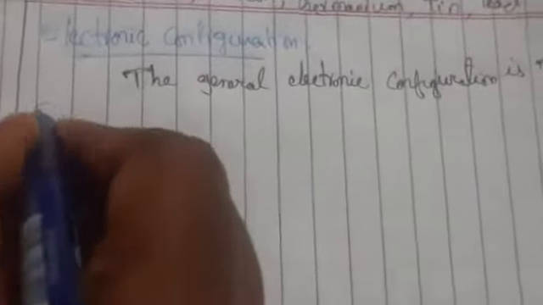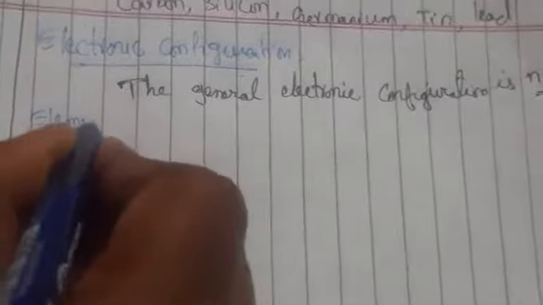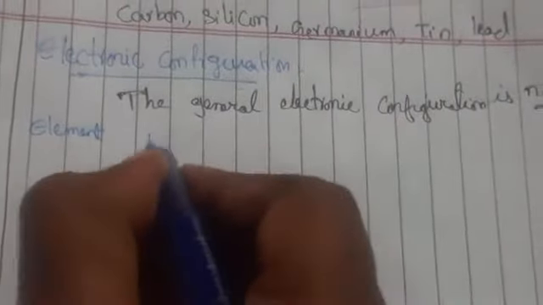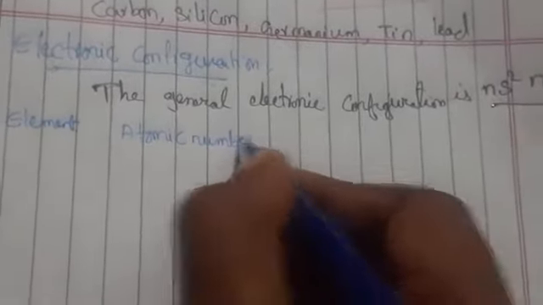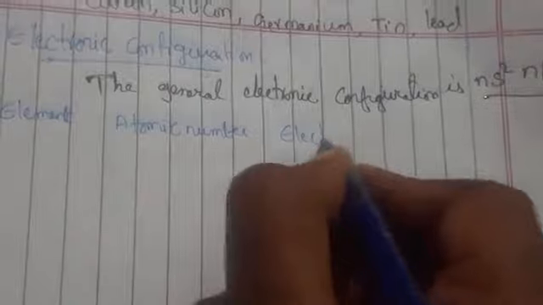So this is the configuration we are going to have. Now let us see element, symbol, atomic number, electronic configuration.